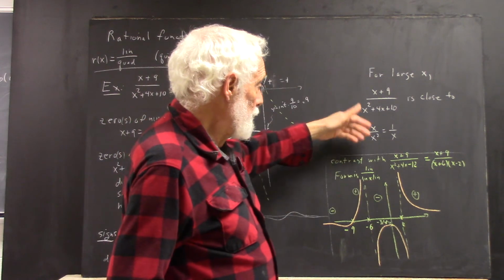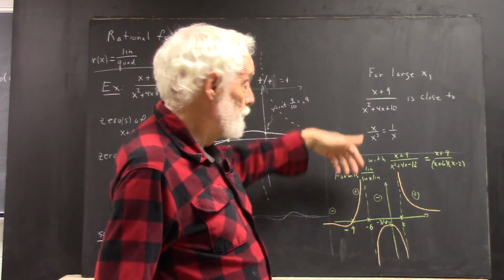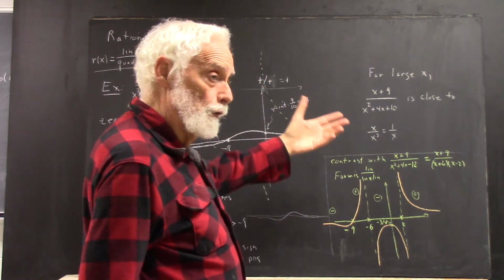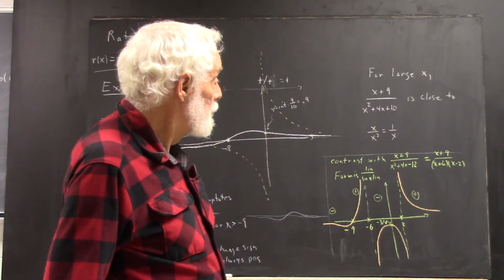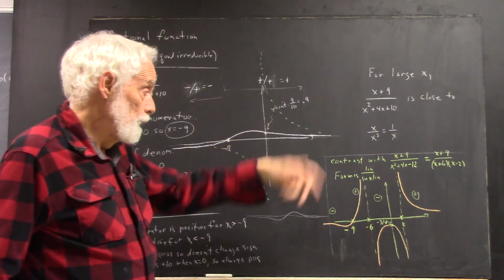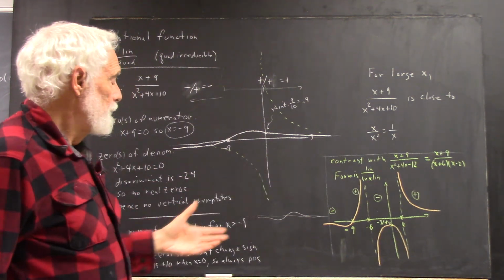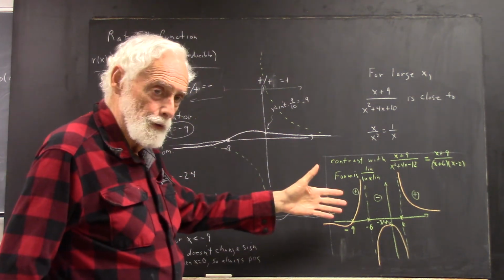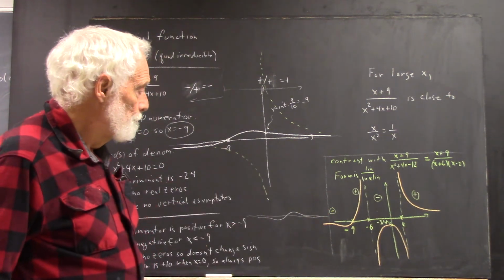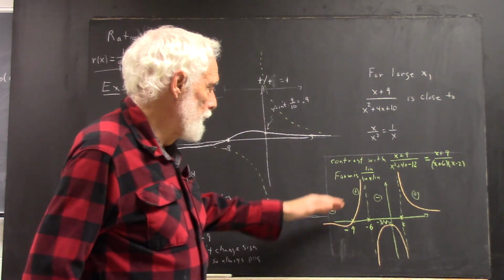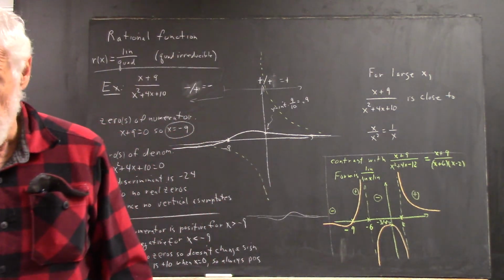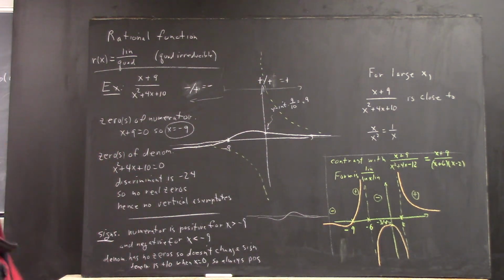It might reduce down to 1 over x squared or 1 over x cubed, if it was a linear over cubic or linear over quartic, or linear over product of two quadratics, but it's always going to behave in a way very similar to this. Okay? The only question is which side of the x-axis the zeros are on, which side of the x-axis the asymptotes are on.